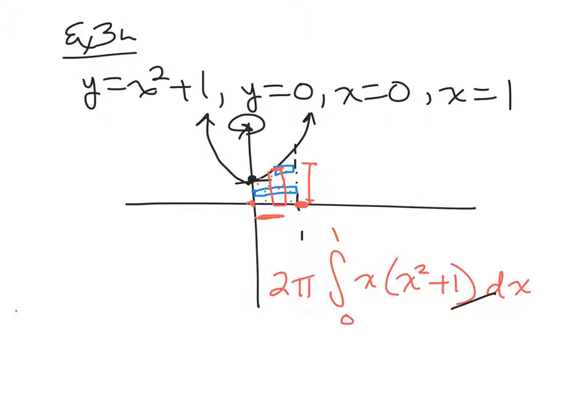So that problem is a lot cleaner by using the shell method than it was by using both the disk and the washer method. And I'll let you finish this integral. They show how it evaluates on page 460, and we get 3 pi over 2, just like we did yesterday.